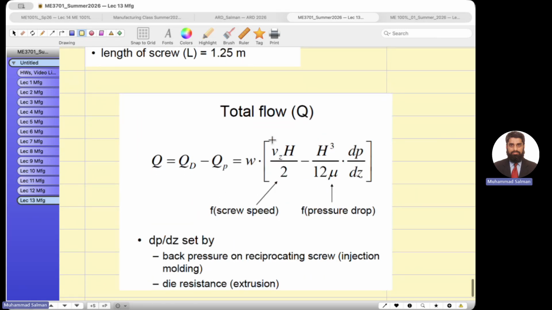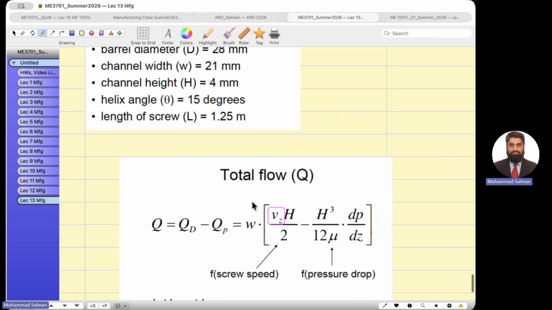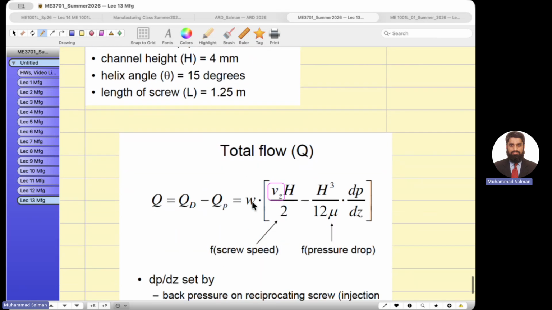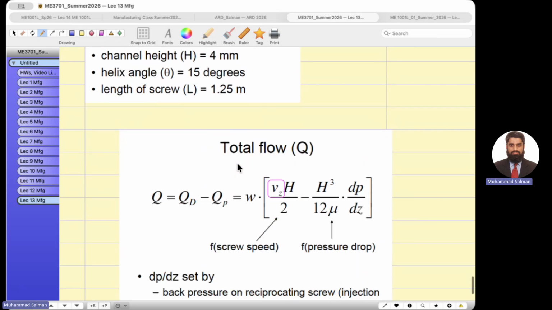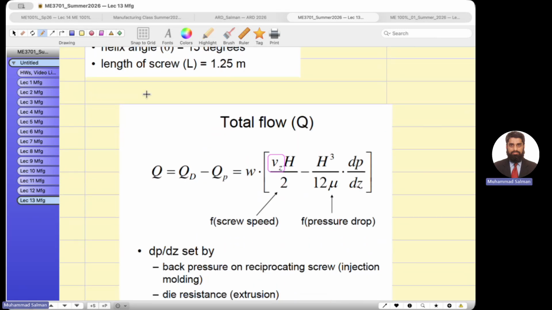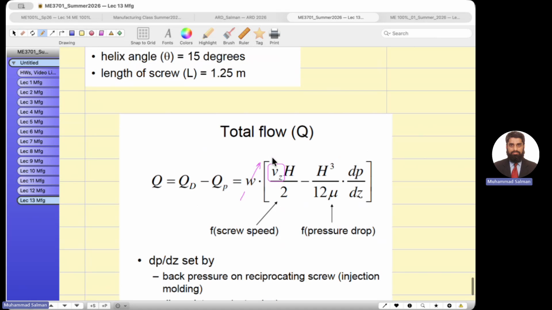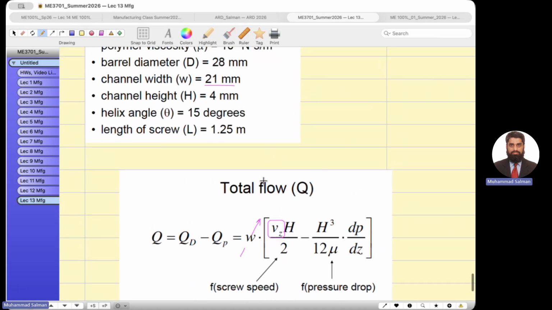So if you are able to find out Vz, this will be a complete answer. But for Vz, we need to find out the other variables. What is our W? The width of the channel is 21 millimeters. Can I write it in meters? It will be 0.021 because this is 21 millimeter.